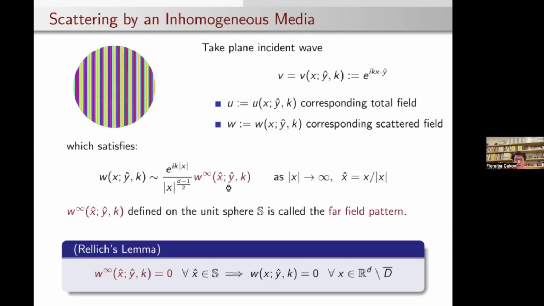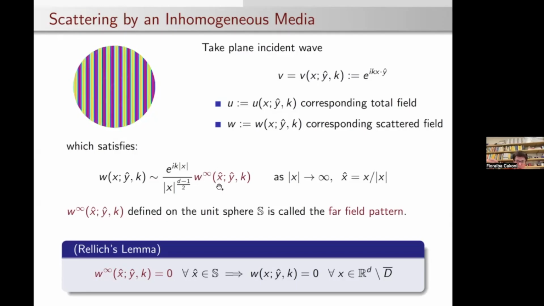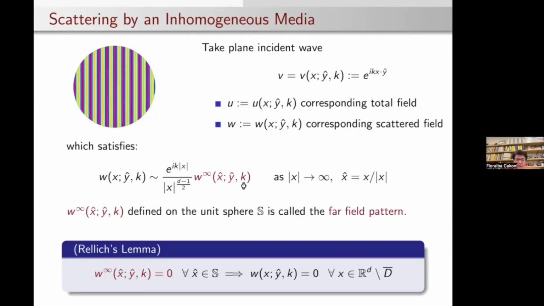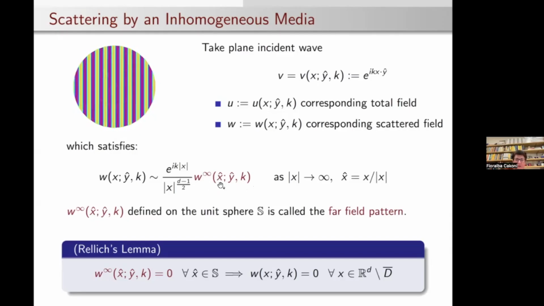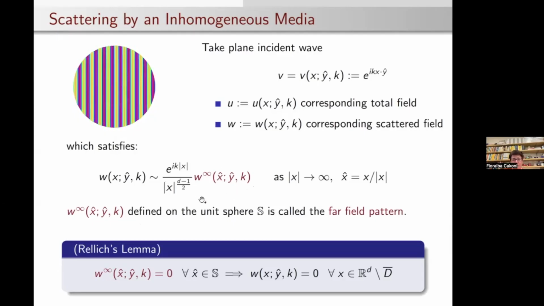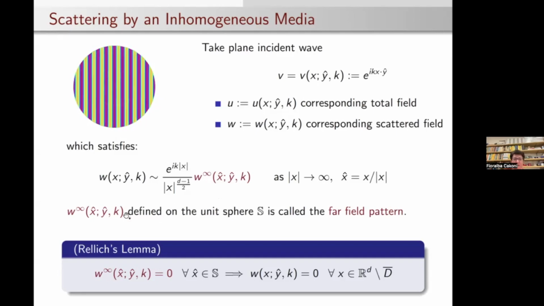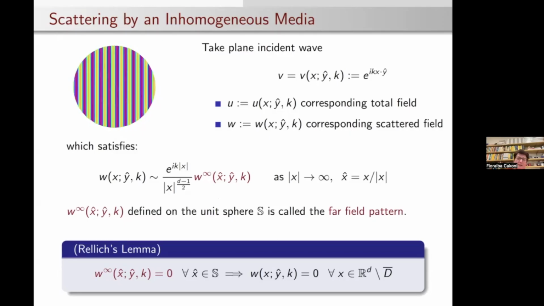This function depends on the angle of observation, the angle of incidence, and of course the wave number, but as a function of the angle of observation, it is called the far field pattern. In scattering theory, knowing the far field pattern or knowing the scattered field up to the perturbation of the inhomogeneity is the same thing. And this is basically what the famous lemma tells us.